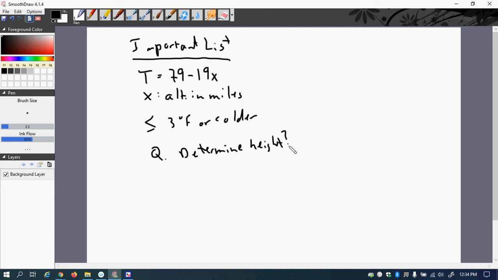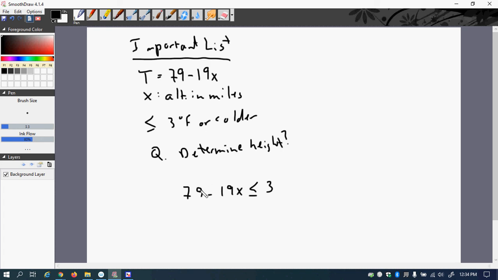Since I have this equation, I'm going to write 79 minus 19x. And I know the inequality I'm going to use is less than or equal to 3 degrees. So now I've written my inequality based off of what I think is my important list.